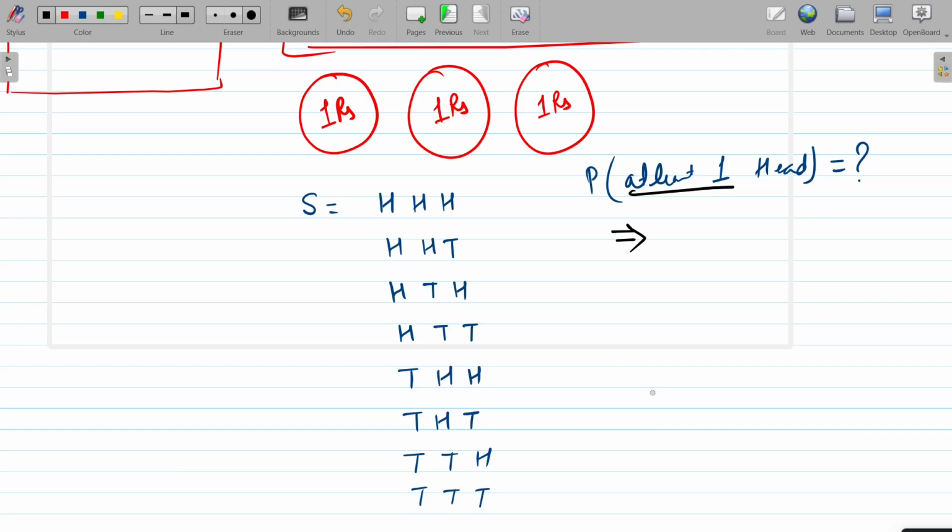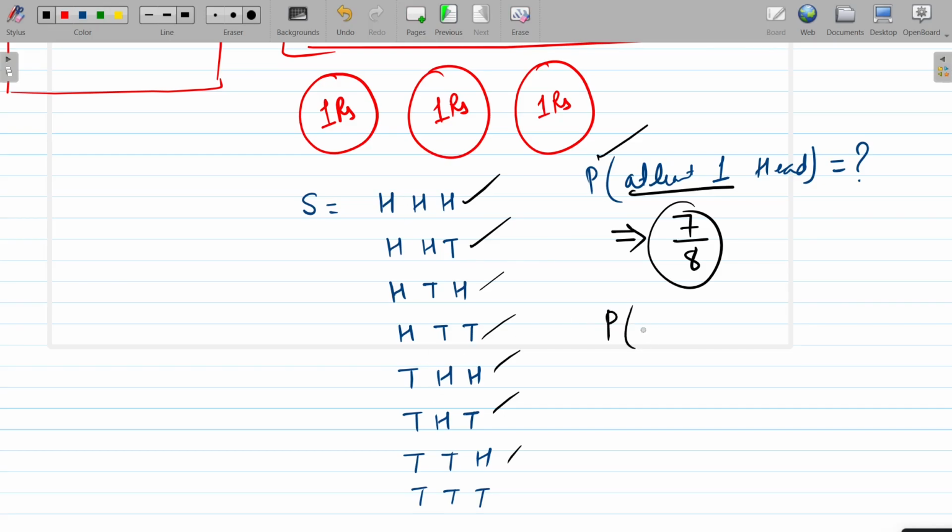You said it's one minus the probability of not getting it. Yes. If you solve directly, you have to count a little more. This will be included, this will be included, and this will be included, so you have to count these many things. So you can write 7 upon 8, since total cases are 8.